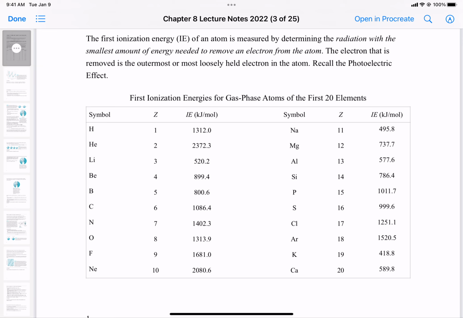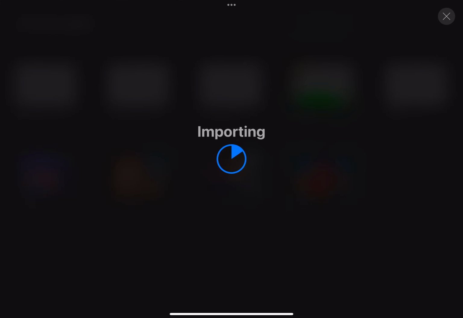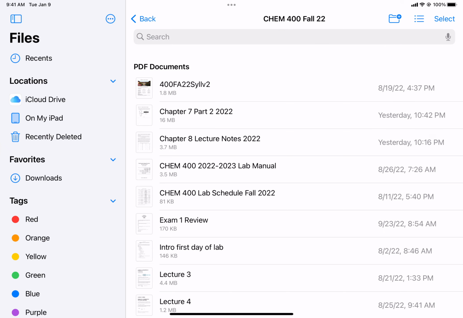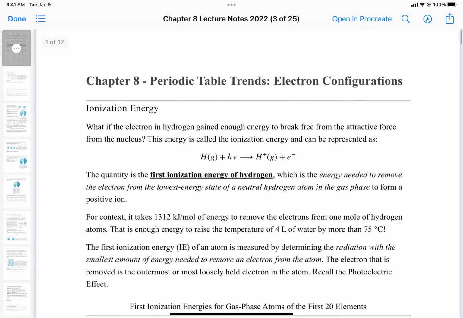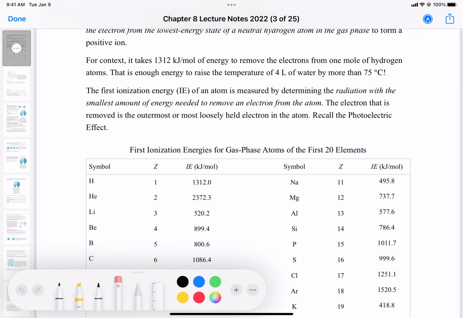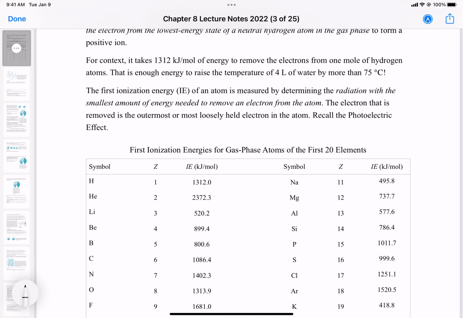And you see there's a generic trend here as we go across the periodic table. So we go across the periodic table, right here, going from 1 to 2, so that's across the periodic table.